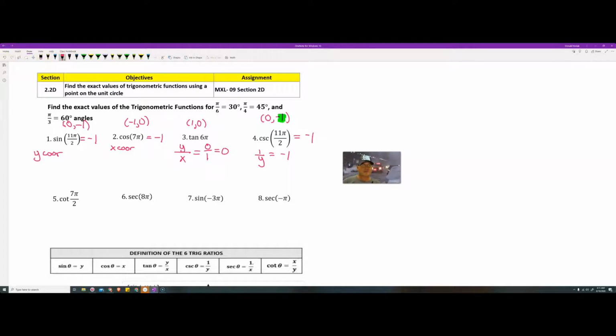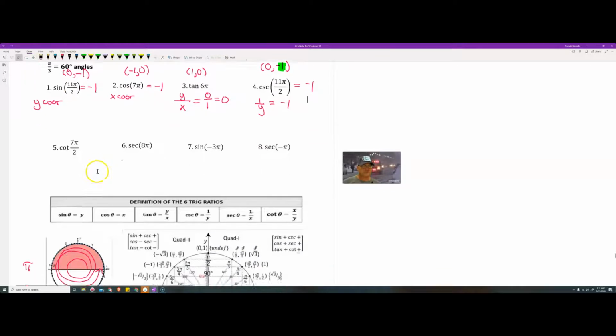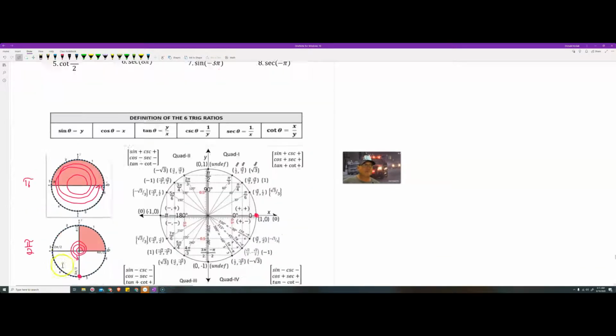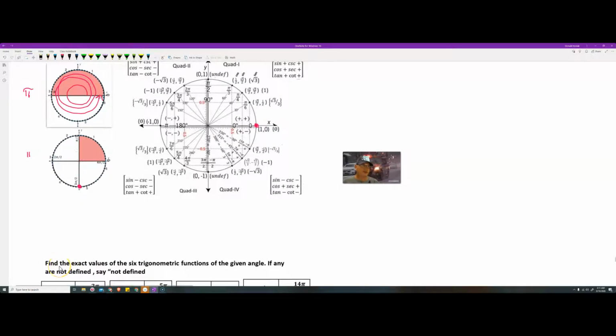Okay, 7 pi over 2. Now I'm working on this bottom circle, and I'm going to count 7 of those slices, starting at the positive x-axis and going counterclockwise: 1, 2, 3, 4, 5, 6, 7.